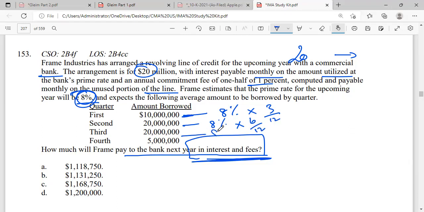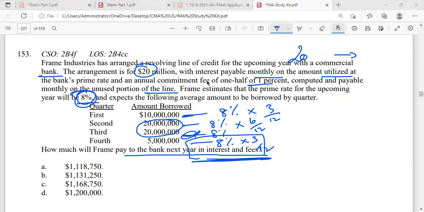Then 8% into how much? Okay. So this complete 20 million I'm doing 6/12. And this 5 million again into 8% into 3/12.